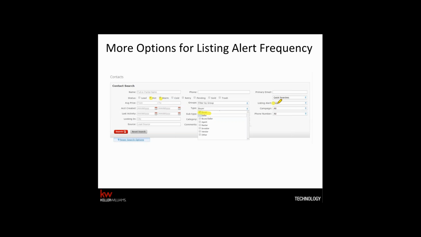If I hit this drop down here and I choose no, it's going to give me all of the buyers that I have listed as either hot or warm that don't have listing alerts set up, and maybe I want to get in touch with them. Maybe I want to go ahead and set up a listing alert for them to get that started. Isn't that great? Just get that going right away. We can tell who does not have listing alerts.